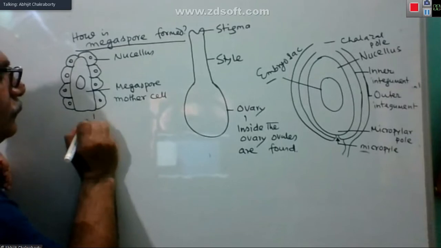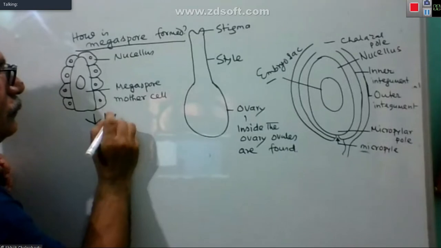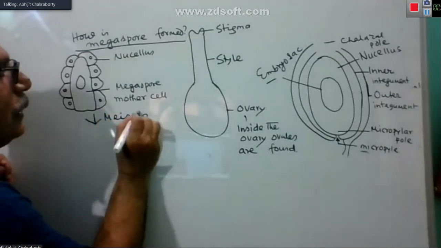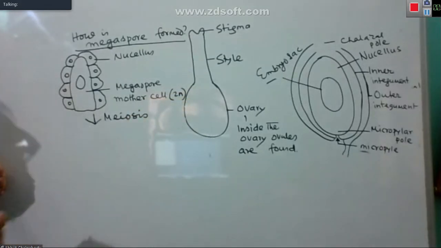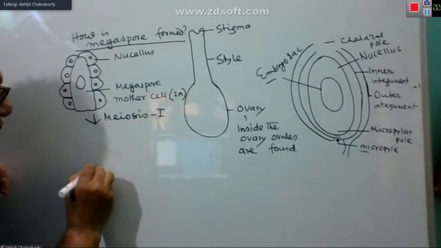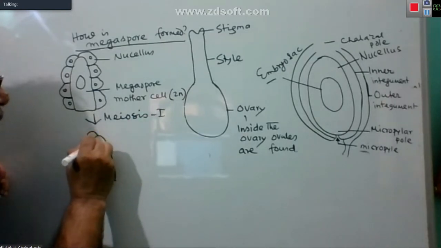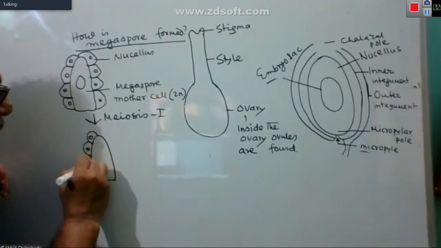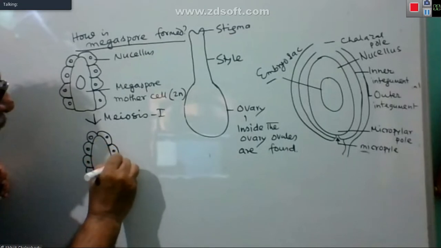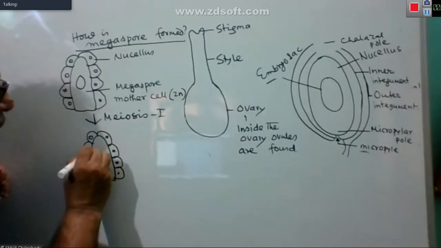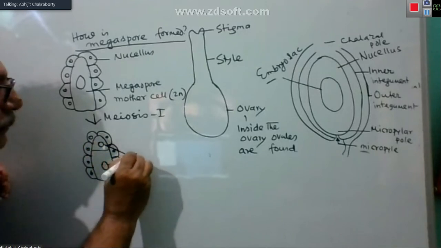Next, what happens? Megaspore mother cell undergoes meiosis. After meiosis 1, you will get this called the dyad.